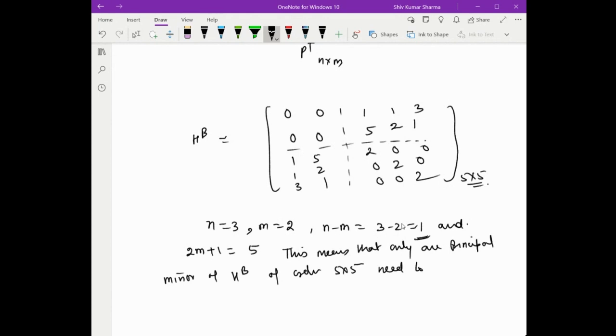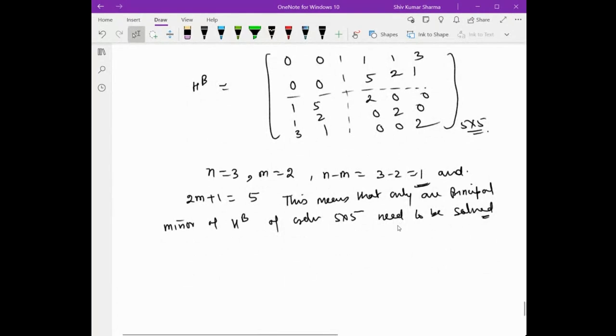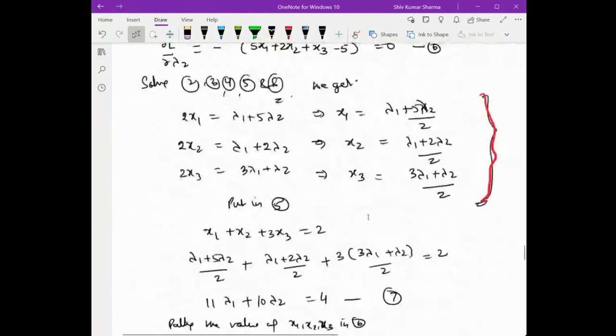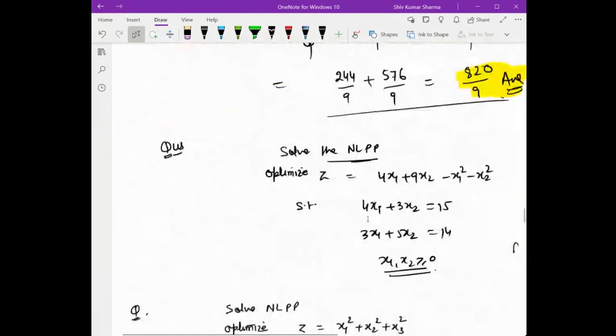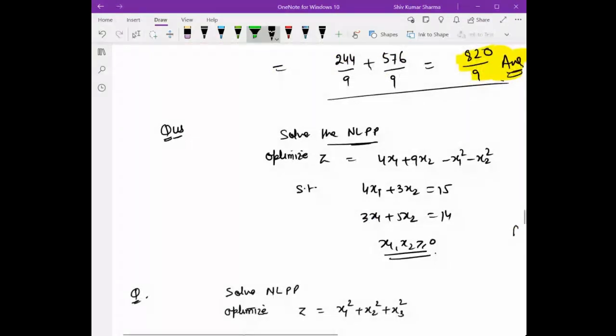On the basis of this, we decide maximization or minimization, because we have to check the sign. The function is given only to optimize z, not for maximization or minimization. So we are doing this practice because we have to check whether the function is maximization or minimization. So we use the border Hessian matrix here.